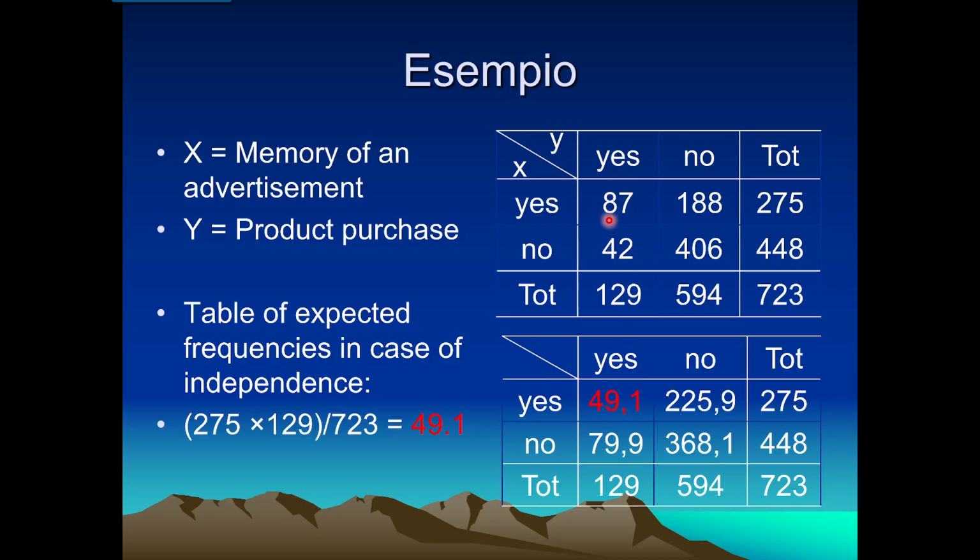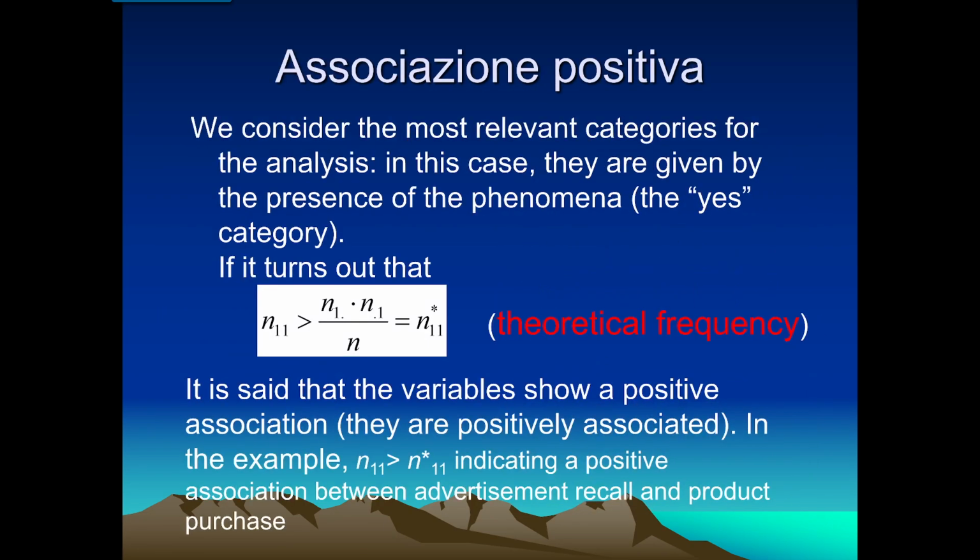Now you have to check whether this 87 is significantly different from the value that you obtain under the null hypothesis of independence. And that's statistics, because you want to see whether the advertising campaign is fruitful or not. But you have a benchmark, and the benchmark is the theoretical frequency under independence.